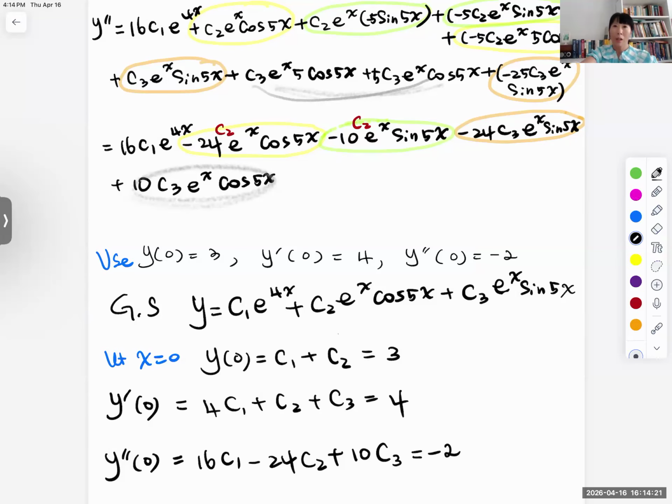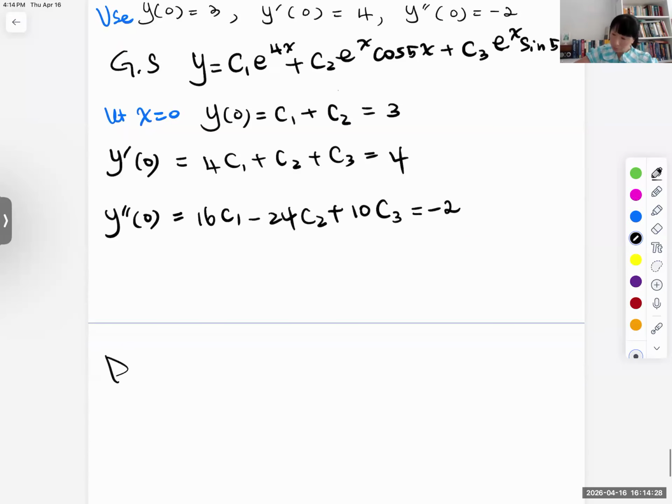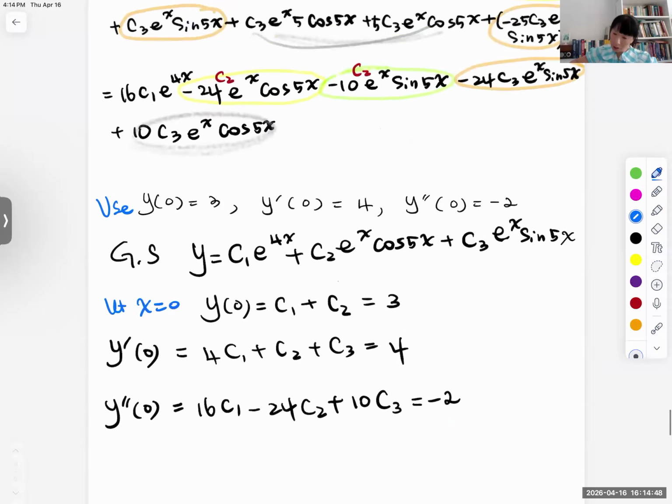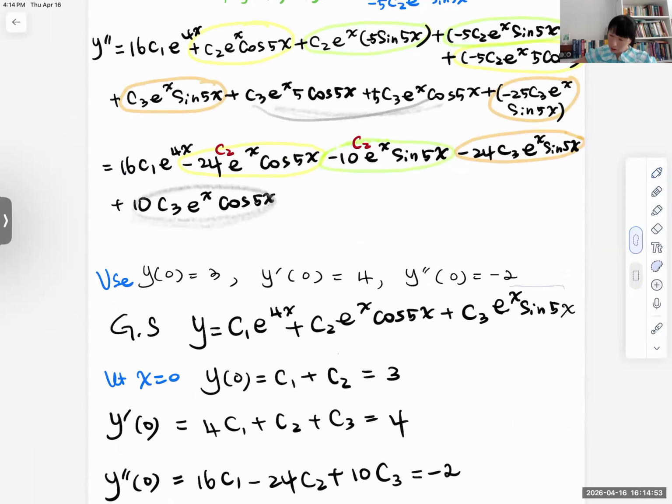Okay. All right. So if we are using decimals, matrix. So we get c sub 1 equal to 2, c sub 2 equal to 1, c sub 3 equal to negative 1. So from the general solution, let me copy this one here.